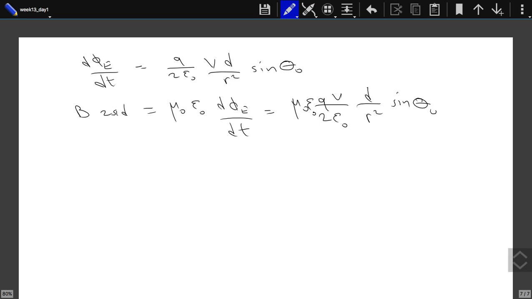Okay, we have another epsilon 0 over here. Well, epsilon 0s, they will cancel. So we have B is equal to mu 0 over 4 pi times q V d sine theta 0 over r squared.